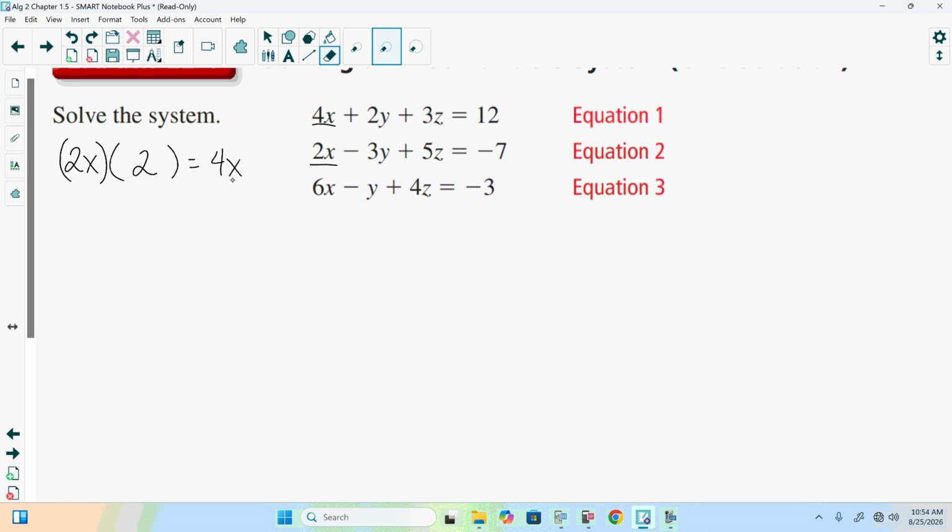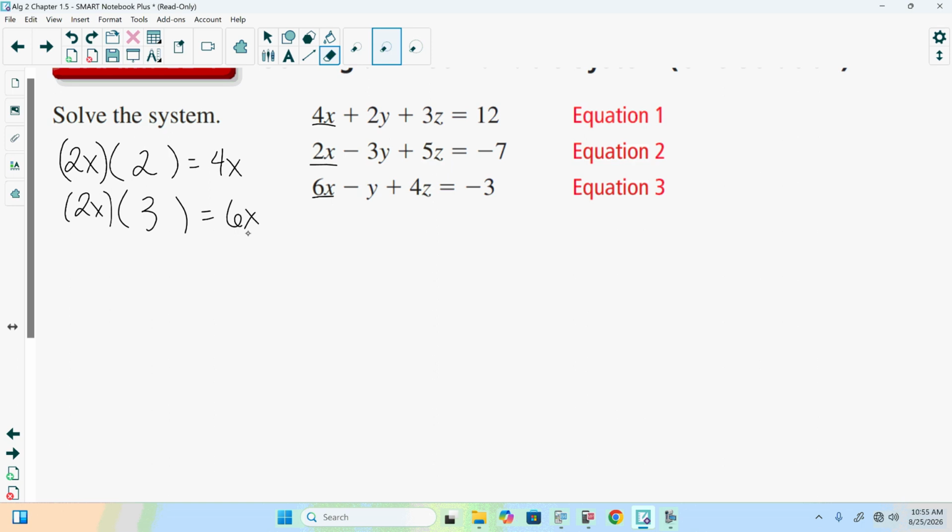Can we nicely make 2x into 4x? Yes. Now the other question is, can we do the same thing but make it be 6x? And then we'd multiply it by 3. So when I look at this, x, I would consider a good choice to start with. Because we can turn 2x into 4x, we can turn 2x into 6x. Because for us to eliminate it, we need those terms to be the same so that we can add or subtract to get them to go away.